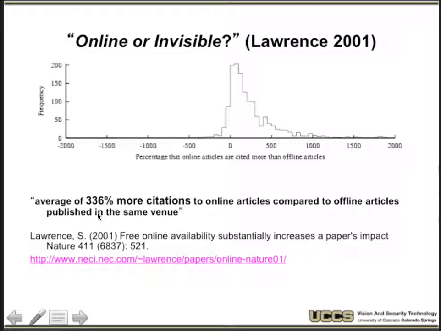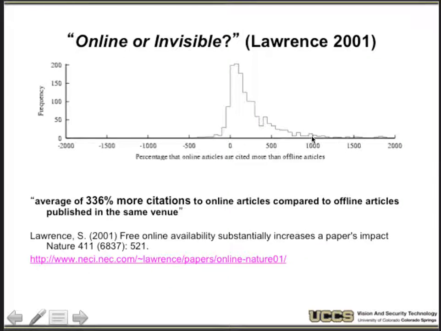So coming back to Lawrence's article and the impact, Lawrence looked at how often an online article was cited more than the offline articles published in exactly the same venue. So this was back at a time when there were places where some people did online and some people did not. And on average, 336% more citations occurred to online articles.